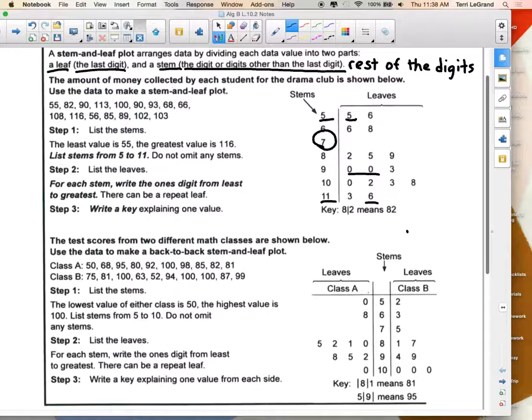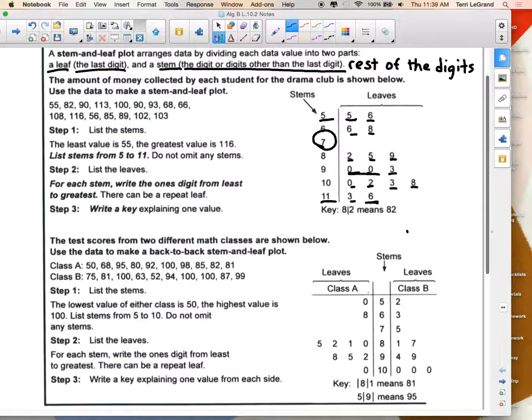There's 0 represented for stem 7. How many students' amount of money collected is represented in there? All we have to do is count up the leaves. 1, 2, 3, 4, 5, 6, 7, 8, 9, 10, 11, 12, 13, 14, 15, 16, like Devante said.